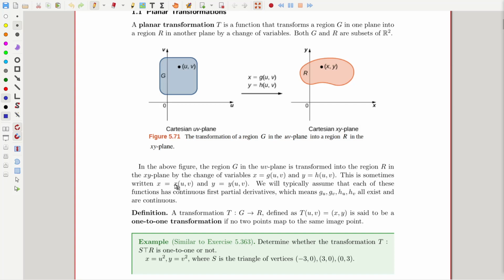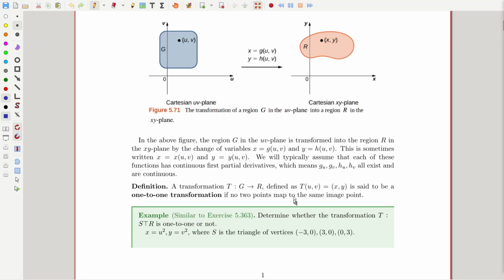Sometimes we won't pick different names for them. Instead, we'll just use the letter itself, so that we think of x as a function of u and v and y as a function of u and v. Although the book tries to use different letters, G and H in this case.